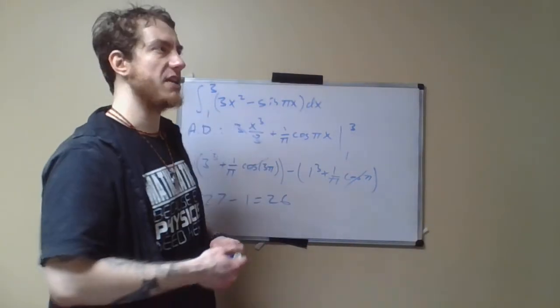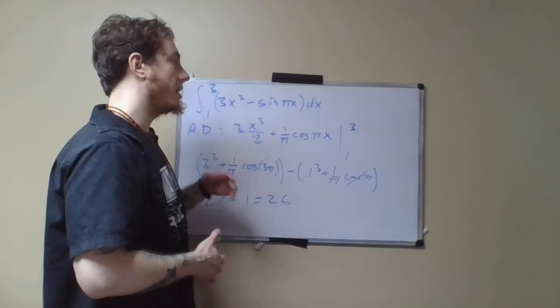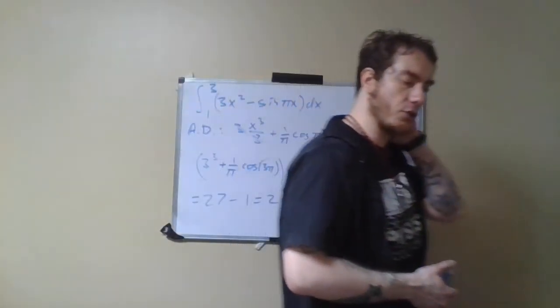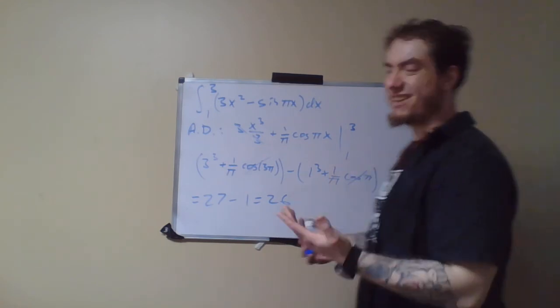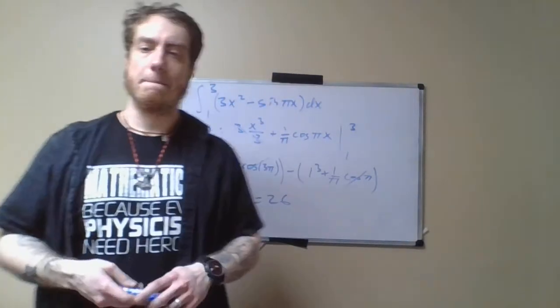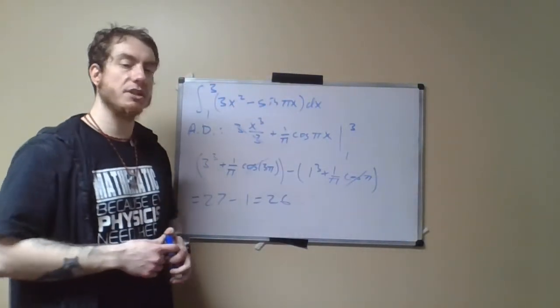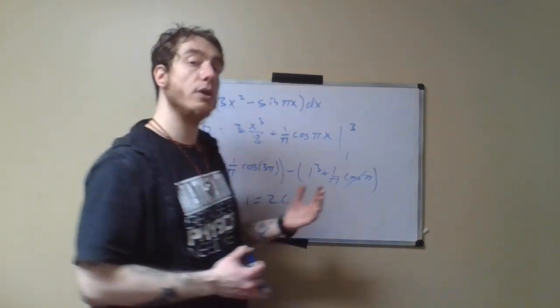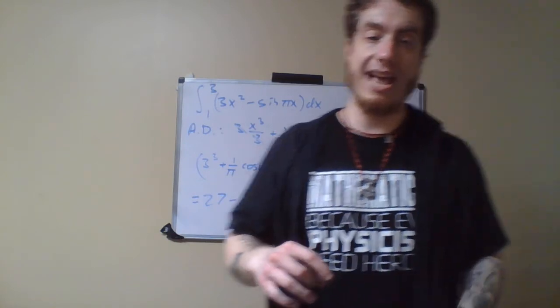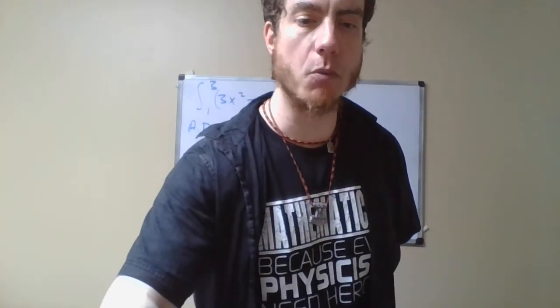Like the derivative of x cubed is 3x squared, so the antiderivative of 3x squared is x cubed. That's a fairly straightforward rule, but there are more complicated rules that we're going to need to deal with. The first complicated rule is going to be the substitution rule, and I think that's probably worth putting into a separate video.